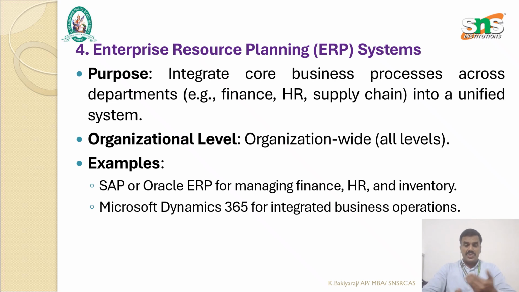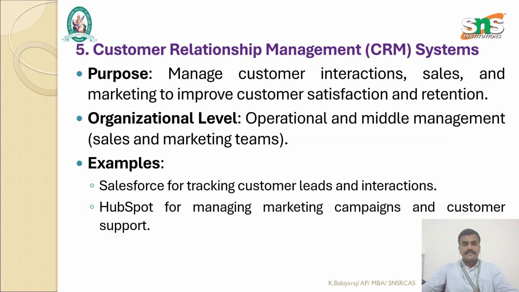It is carried out organization-wide, with all levels of people integrated. Examples of ERPs are SAP or Oracle ERP for managing finance, HR and inventory systems, and Microsoft Dynamics 365 for integrated business operations.